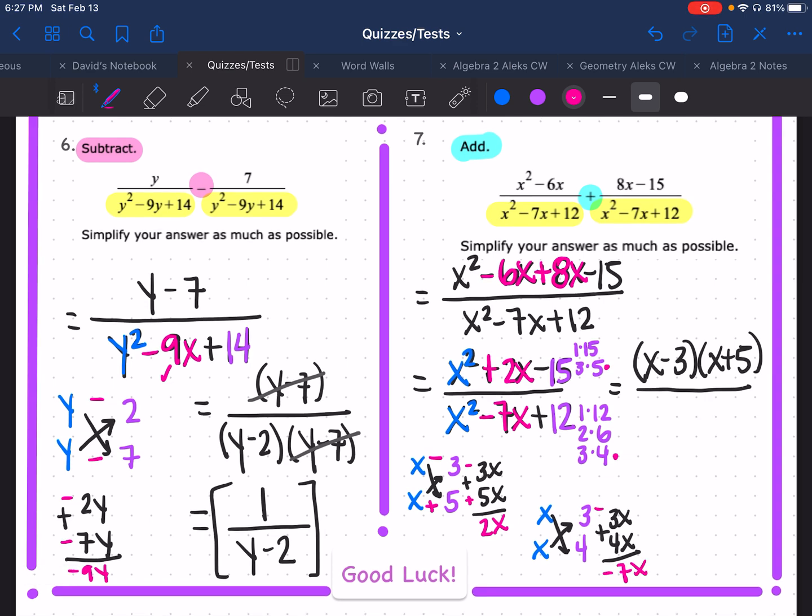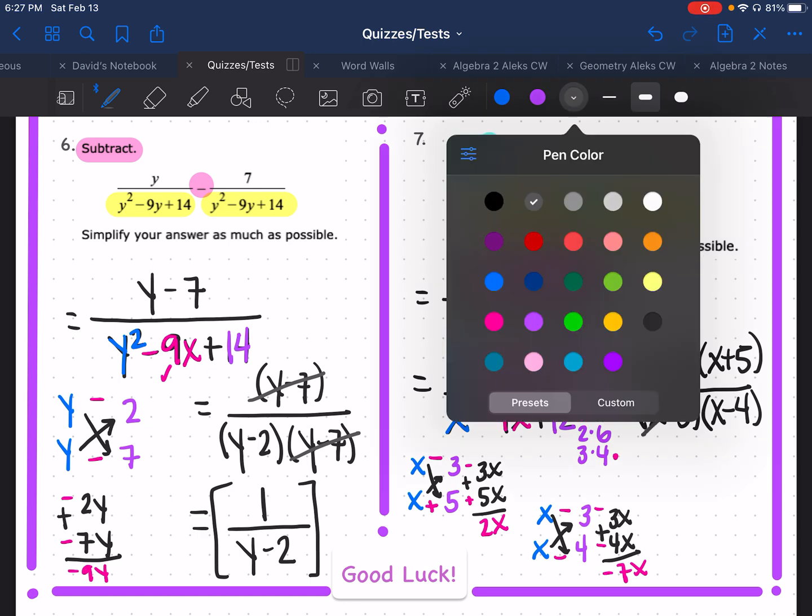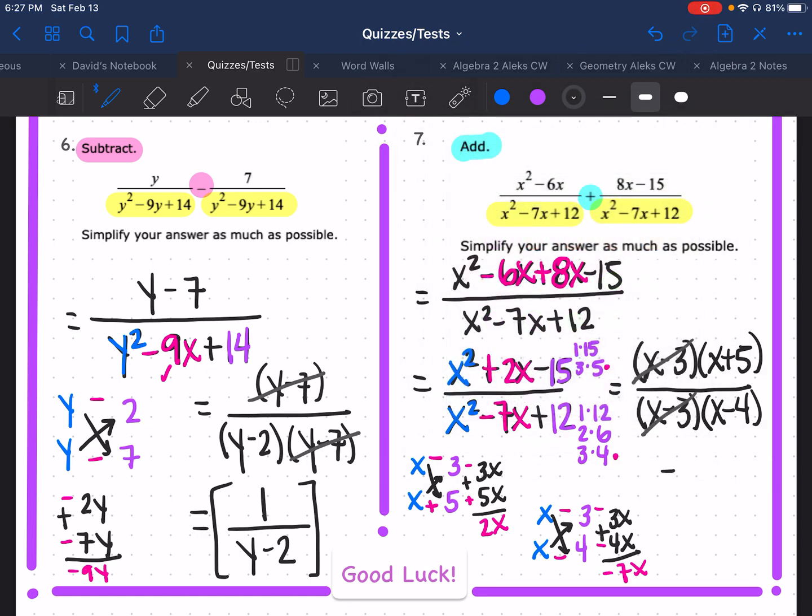Negative and negative makes negative 7. And I see that I have the same x minus 3 in both the numerator and the denominator. So that means goodbye. And here is my final answer, x plus 5 over x minus 4.